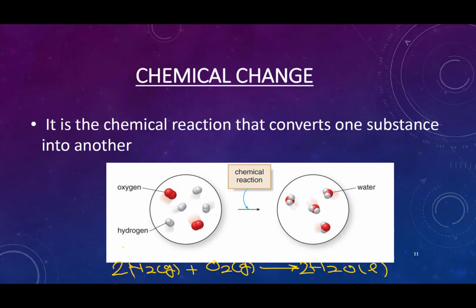This is also an example of chemical change because one substance converts to another substance. That's the definition of chemical change. When we are talking about physical change, we work with one item the whole time. But in chemical change, one substance converts to another substance, which means whatever we start with is not the same as what we end with. Our end product is different, whereas in physical change, it will not be.